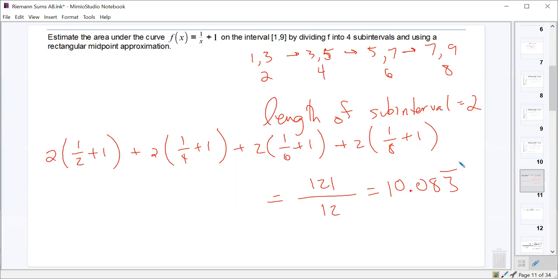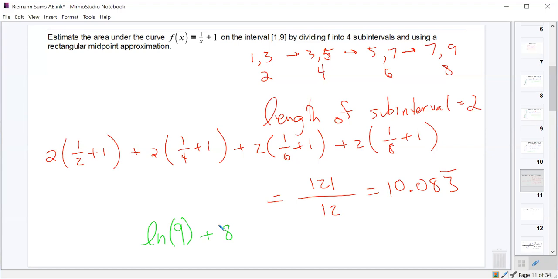Good or no? Good. All right. Anybody know what the actual value of that is? It's the natural log of 9 plus 8.